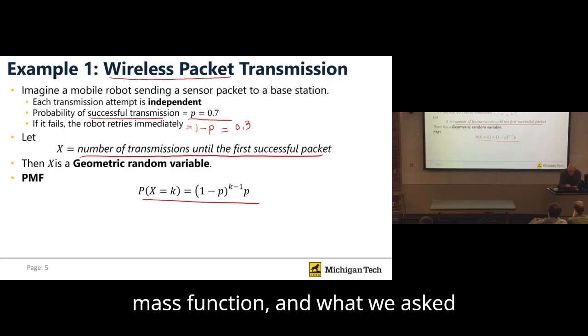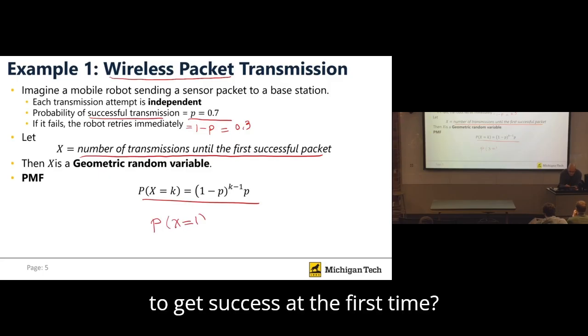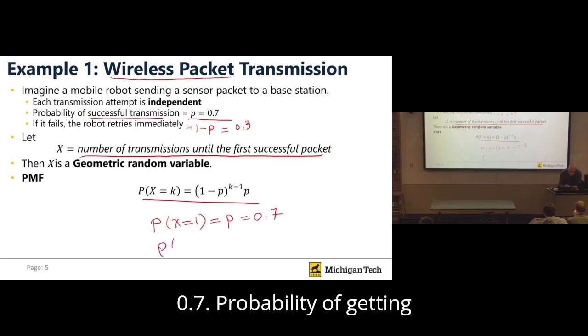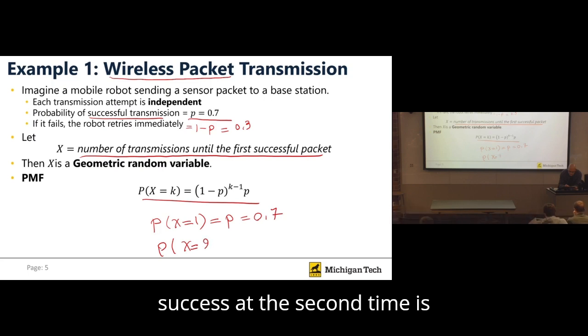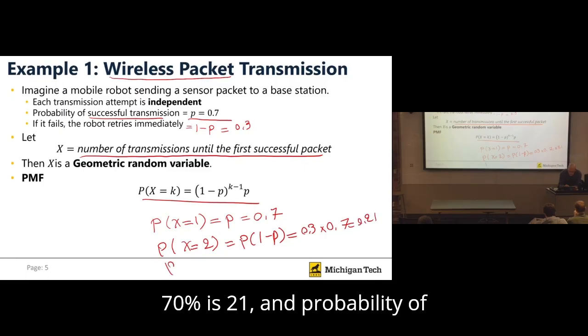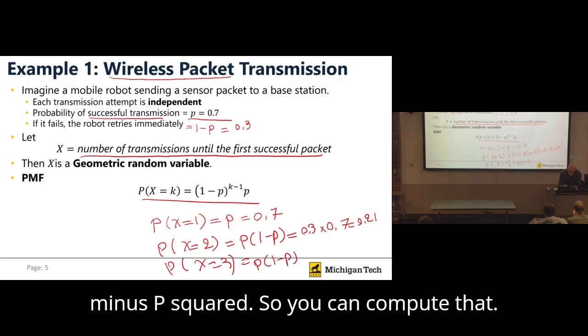And what we ask is, what is the probability of getting success at the first time? It's just p, 0.7. The probability of getting success at the second time is p times 1 minus p, which is 0.3 times 0.7, that is 0.21. And the probability of success at the third time is p times 1 minus p squared.